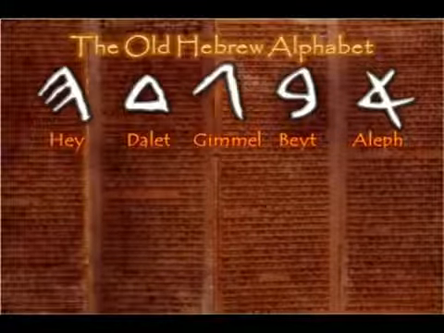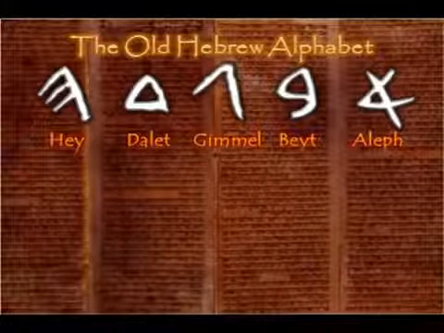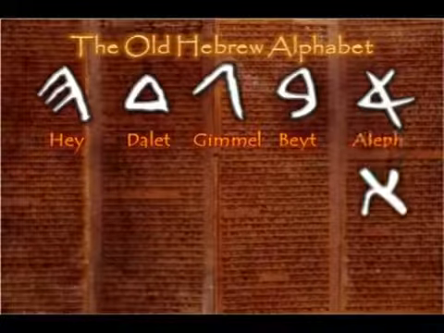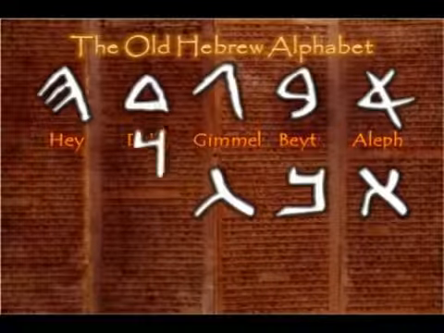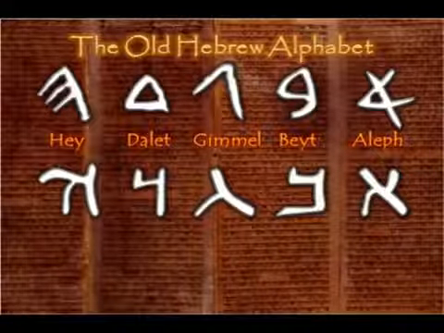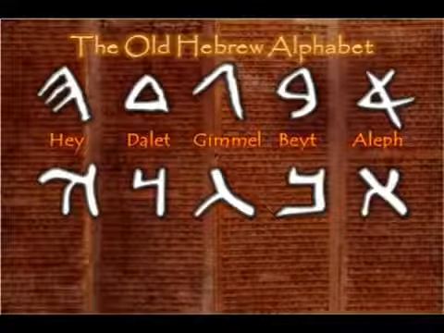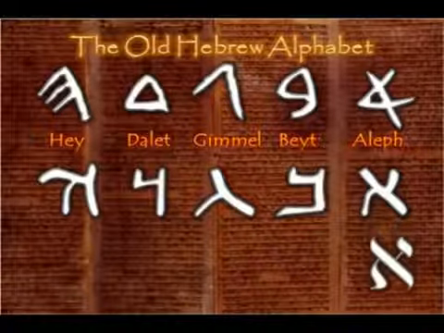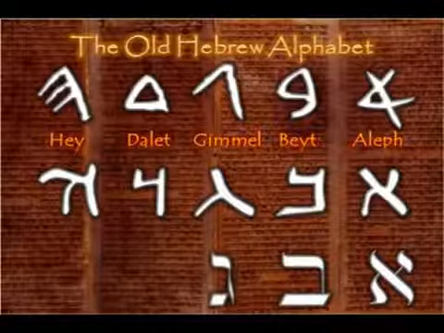By the 5th century BC, the time of the Israelites' captivity in Aramea, also called Babylon, it no longer resembled the Old Hebrew it came from, and it is this Aramaic square script that Israel adopted during their captivity. With the Aramaic square alphabet in use by the Israelites, it continued to evolve into the modern Hebrew letters that we're familiar with today.